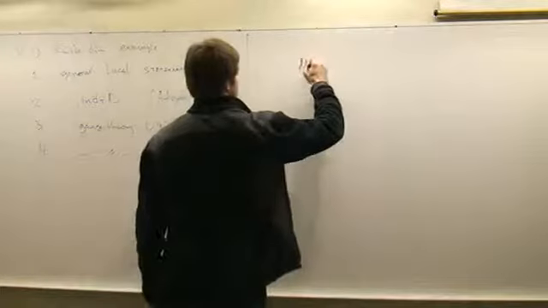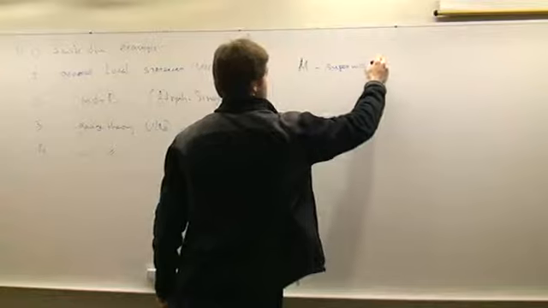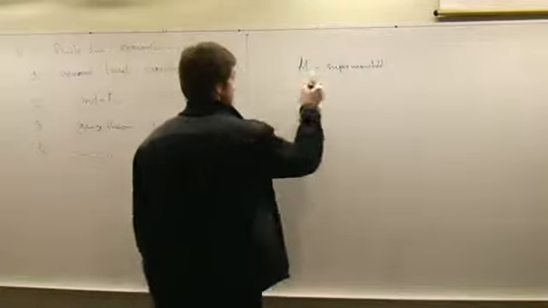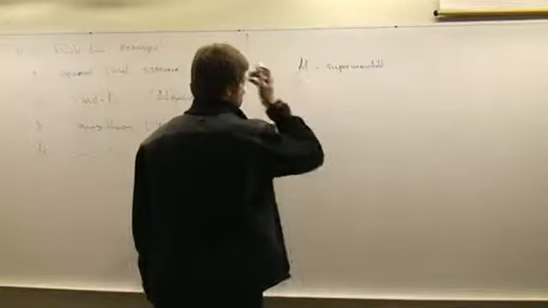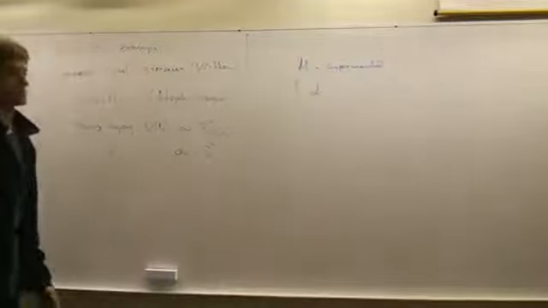So given a supermanifold M, like the space of all fields in your path integral, bosonic and fermionic, and you want to integrate over that supermanifold some form alpha.